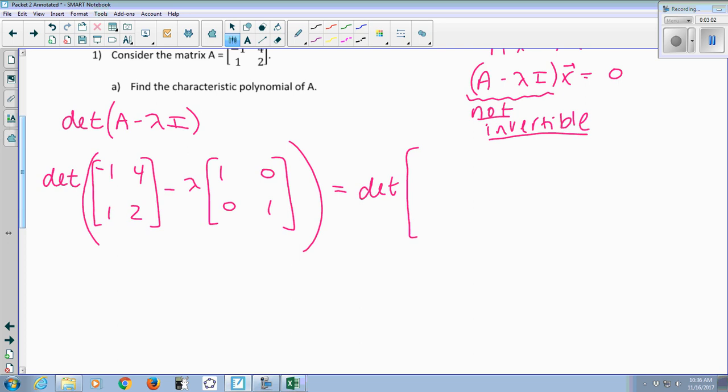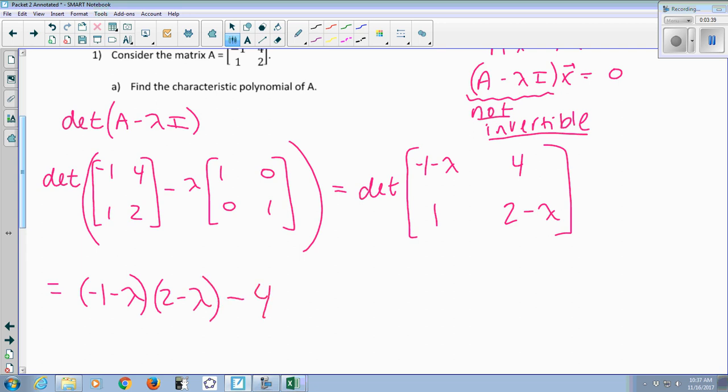If you distribute your lambda to every entry of the I matrix and then subtract component-wise, you're going to have -1 minus lambda, 4, 1, and 2 minus lambda. And then remember, the determinant of a 2 by 2 matrix is just AD minus BC. So this is going to be -1 minus lambda times 2 minus lambda, minus 4 times 1.